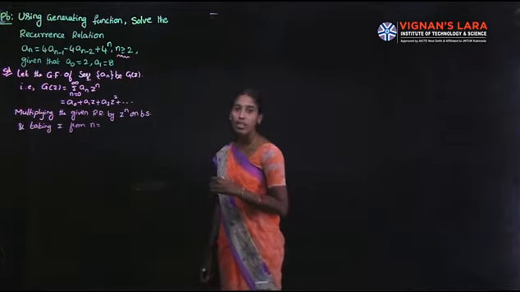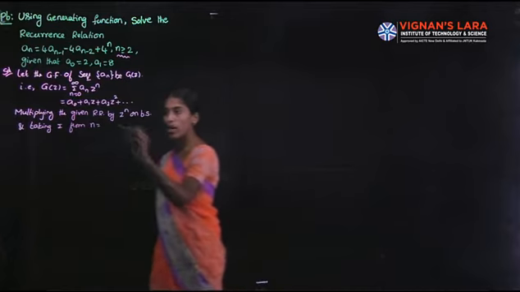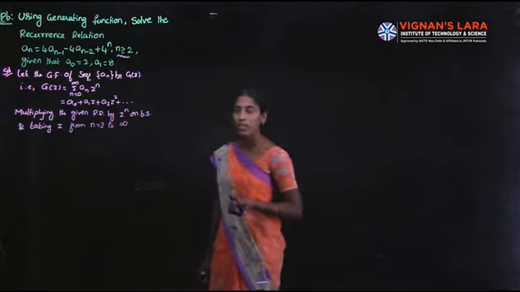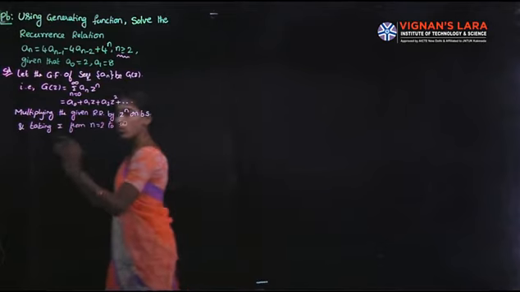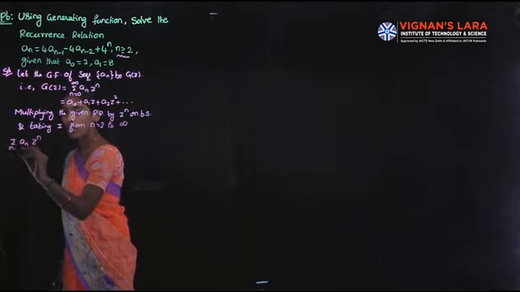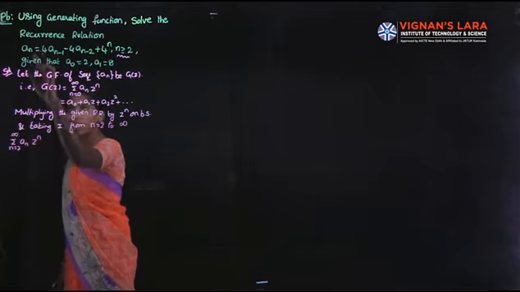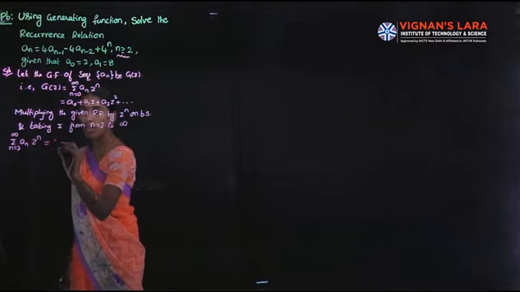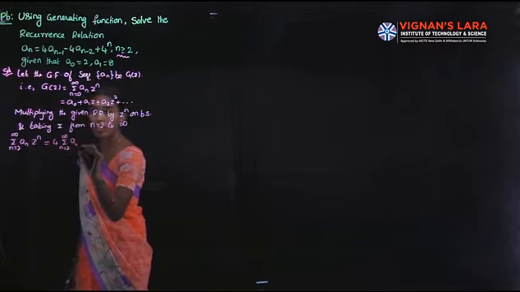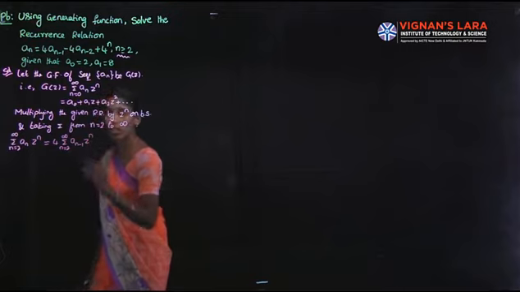Here n greater than or equal to 2 is given. So n equal to 2 to upper limit infinity. So the sum of a_n z^n, n equal to 2 to infinity on the LHS; from the RHS, 4 sigma n equal to 2 to infinity a_{n-1} z^n.